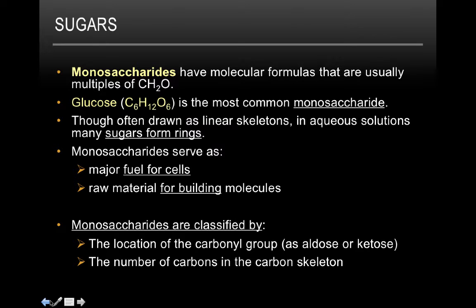In other words, the carbon to hydrogen to oxygen ratio in a monosaccharide is typically 1 to 2 to 1. One carbon for every two hydrogens for every one oxygen. And as you look at the formula for glucose, you will see that it does meet that criteria of a 1 to 2 to 1 ratio between these atoms.